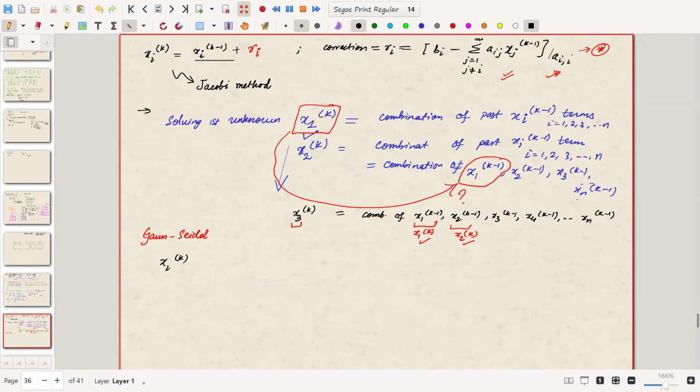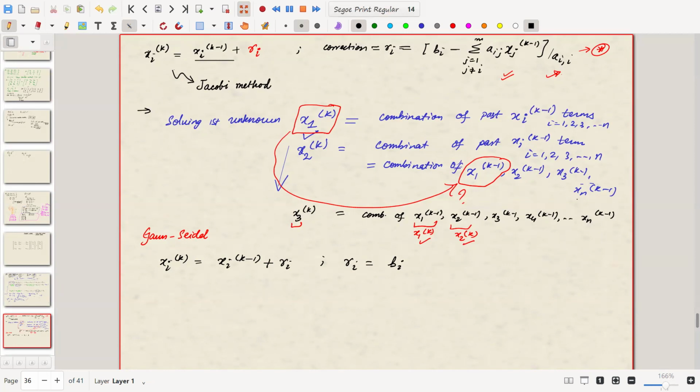Again we will compute xi at k, that is equal to the past value of xi at k minus 1, fine, plus a correction term, again a new correction term ri. Now, ri should be bi, that is not going to change. Is that going to change?